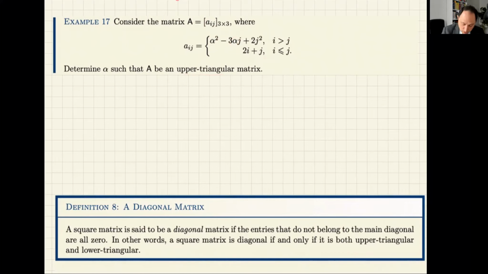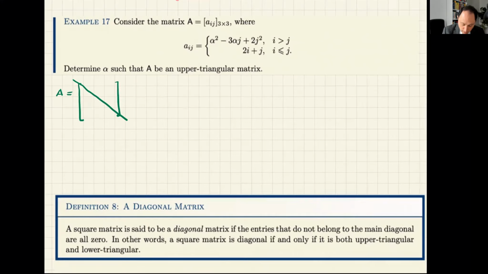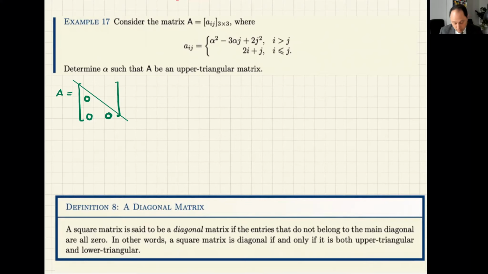Okay, so what does this mean? If I have a 3 by 3 upper triangular matrix, what I know is that if this is the main diagonal, everything below is 0. So I have 3 zeros here, yes? So let me write it more properly. This is not a good way. Maybe I'm going fast.